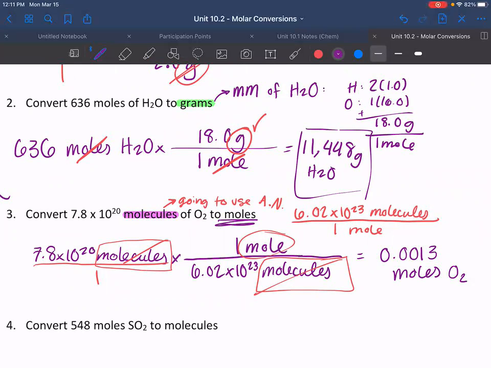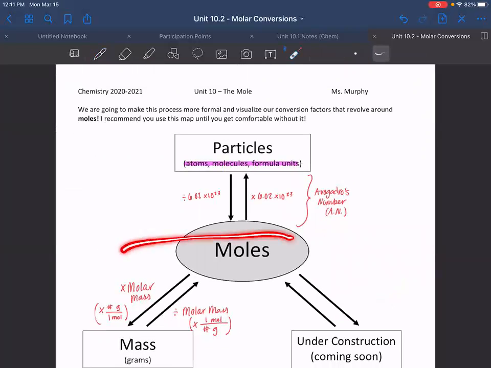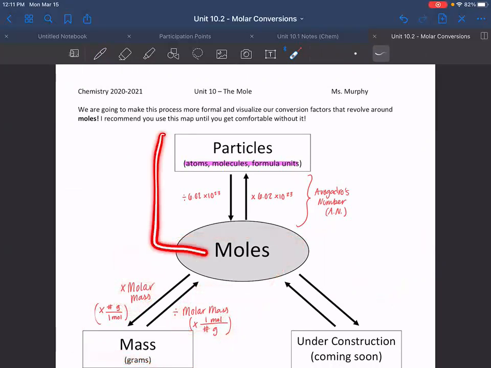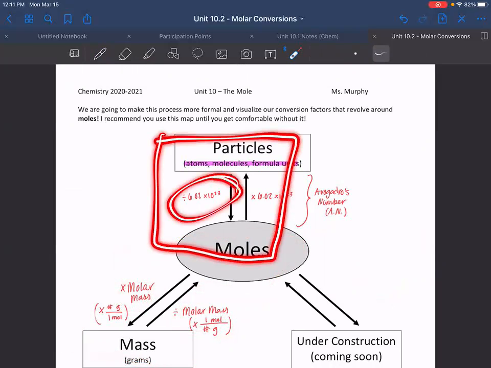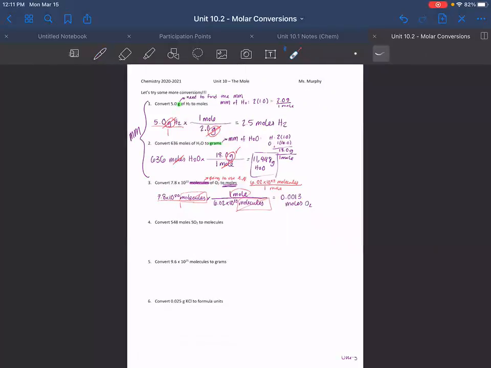The molar mass, is that what you're wondering about? Since we don't even touch grams here, we don't even have to worry about the molar mass. So where we're at in our little map, down here, if we're talking about mass, yes, this is where we focus on molar mass. But really, we're only focusing on this portion here, which only has to do with Avogadro's number. So not every single time you'll use it, but good question.